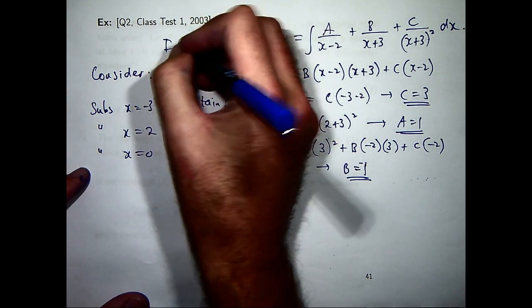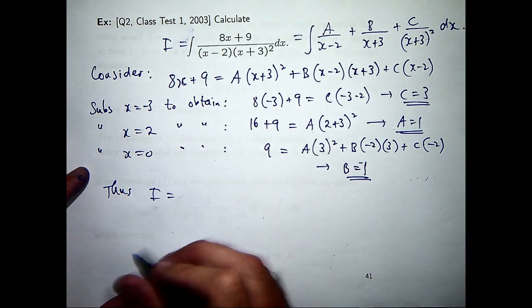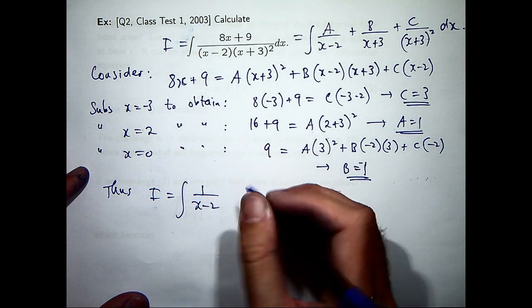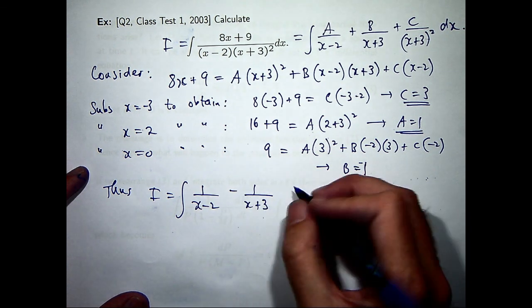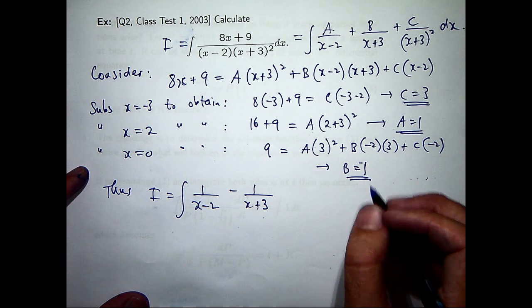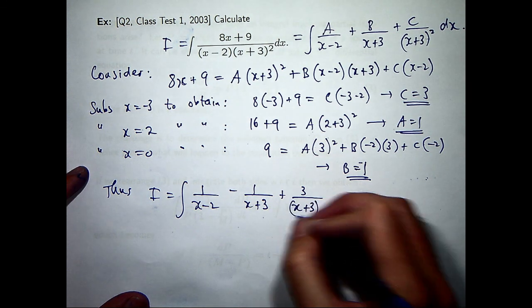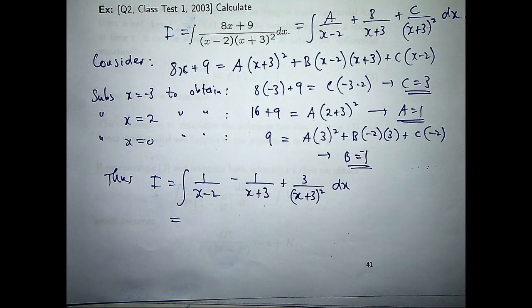So let's integrate. Call this I. Now I'm just going to integrate. I'm going to get a couple of logs. Why 0?